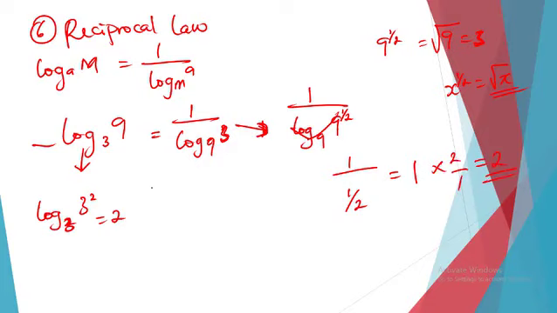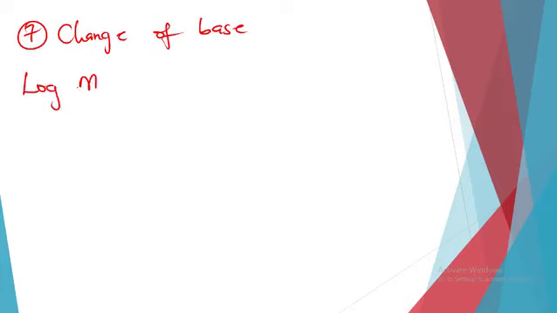Do we understand now? So let us take the last law, the 7th law, which we'll call change of base. If we have log m base a, it is equal to log m base y all over log a base y.